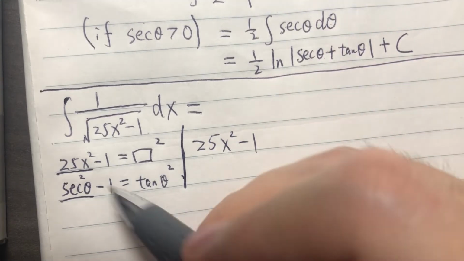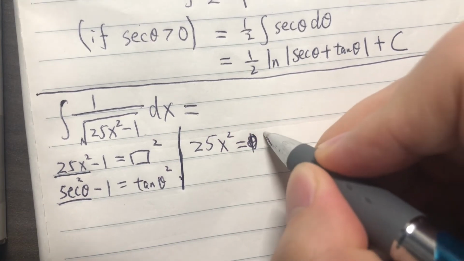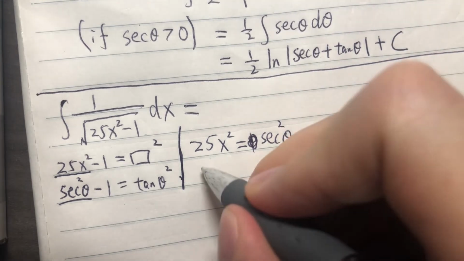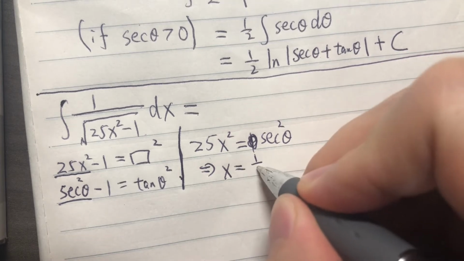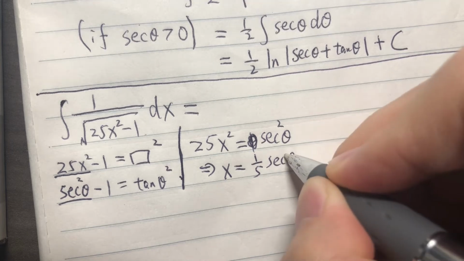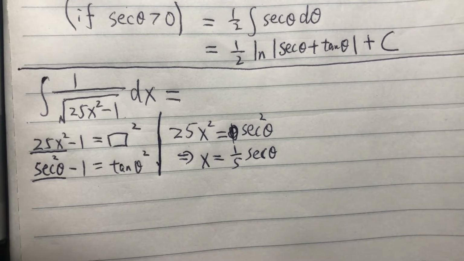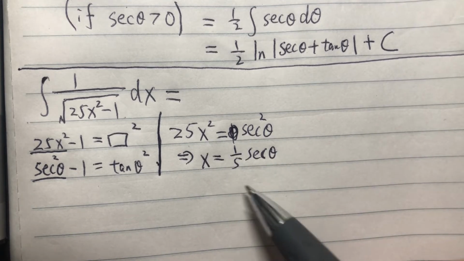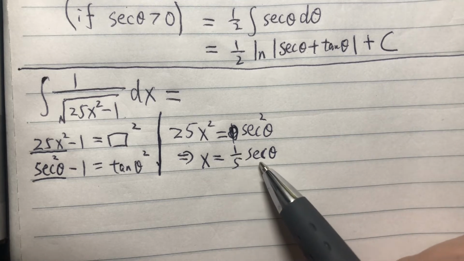Okay, 25x squared equals secant theta squared. So you can solve for x. Move this 25 to the right hand side, and then you take the square root. x is 1 over 5 secant theta.